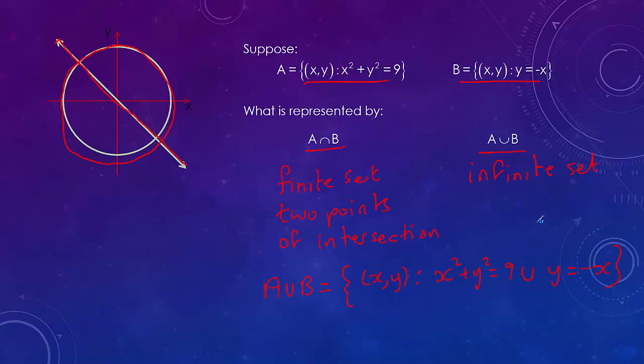So remember that this union is inclusive, so it's all of the points that satisfy this relation, or this relation, or both. In other words, those points of intersection.